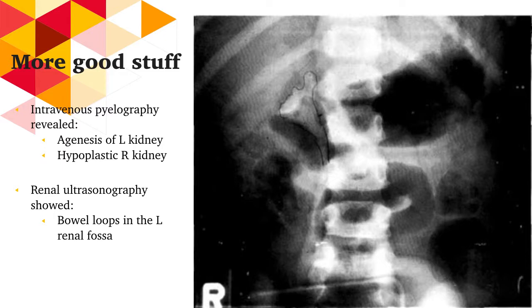And the renal fossa is the area where the kidney is supposed to be located within the anatomy. So in this case, the bowel loops are on the left, where the left kidney is absent. That's where they see these bowel loops.